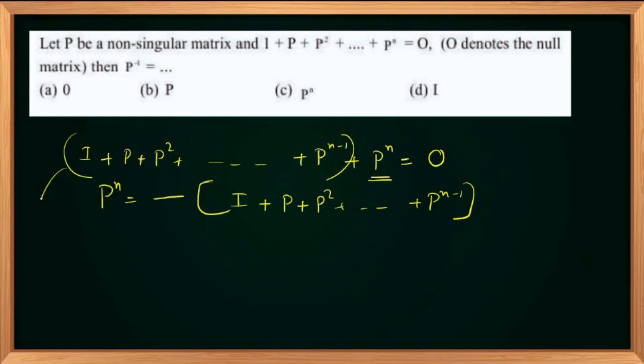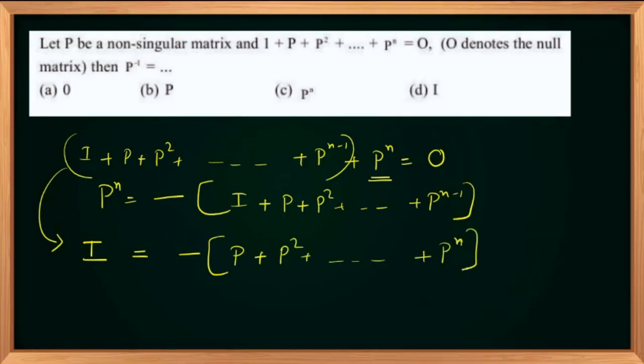Now in the next step, I'm keeping I alone here and taking all other terms to the right side. So that will be minus of all other terms, meaning P plus P square plus etc. plus P raised to n, right? Now multiply both sides of this equation, equation 1, by P inverse. So I into P inverse is P inverse, equal to P inverse.